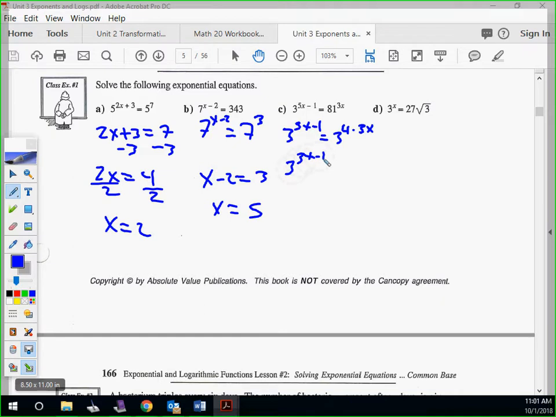We would add them if the 3x wasn't on the 81. So you would add them if it was 81 times 3 to the 3x. But if it's on it, then we multiply it. Okay, so that's 12x, and now we solve.